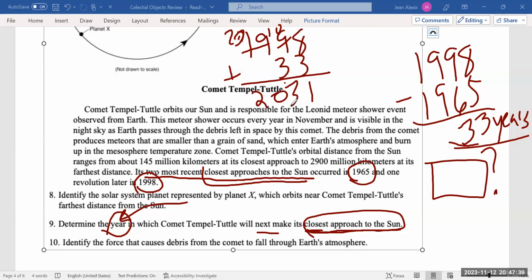And 1998 plus 33 gives us the year 2031. And so that is your answer. The next time the comet will make its closest approach to the sun is the year 2031.